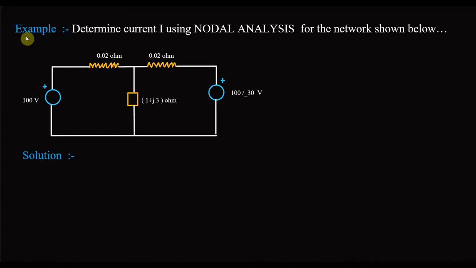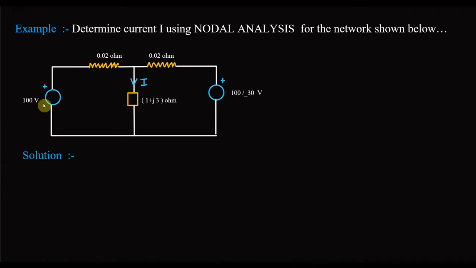Here we will solve one numerical. In this numerical they have asked to determine the value of current I using nodal analysis, and this current is given here. They have given this type of network.